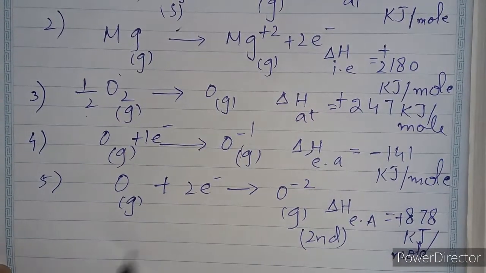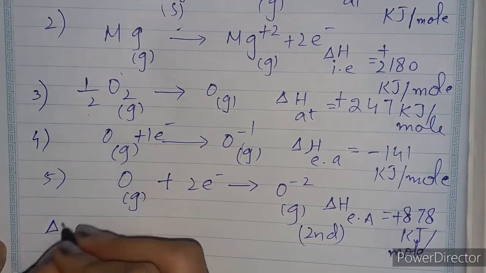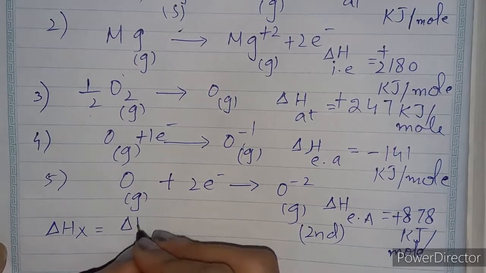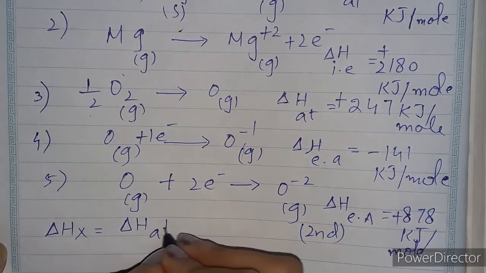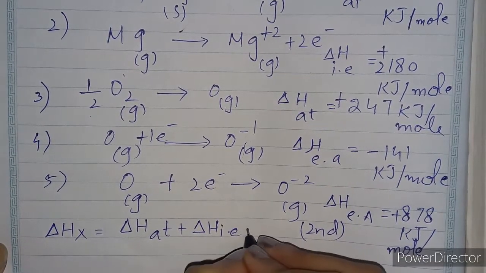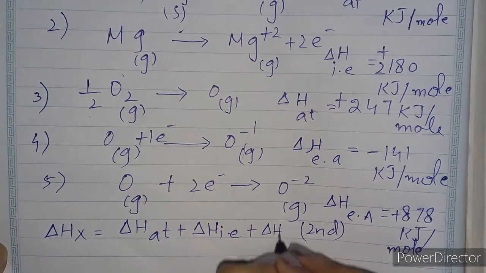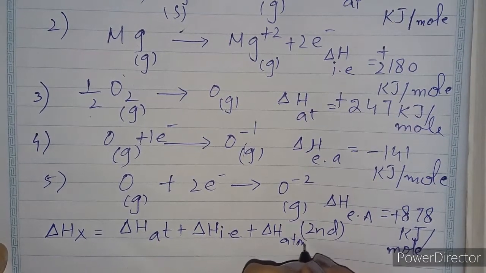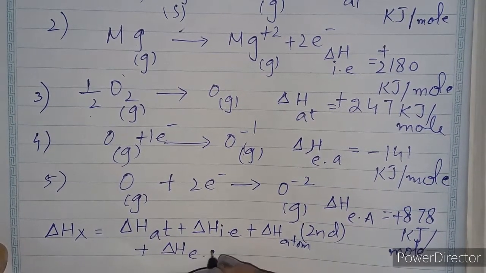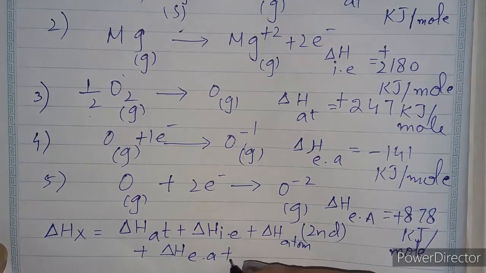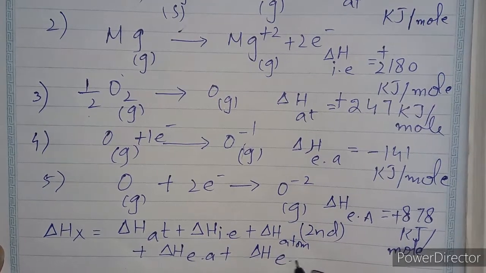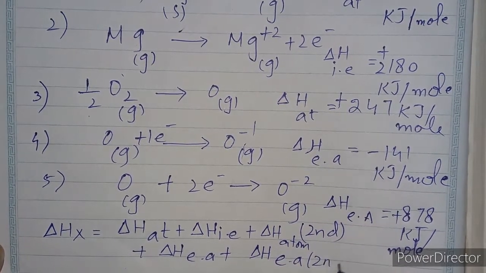So these are the steps. Now we can find ΔHx by adding them all: enthalpy of atomization plus enthalpy of ionization plus enthalpy of atomization of oxygen plus the first electron affinity and the second electron affinity.